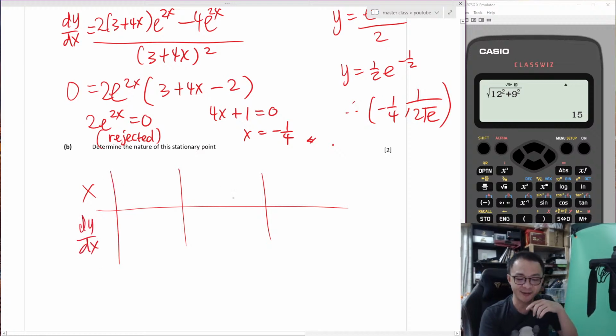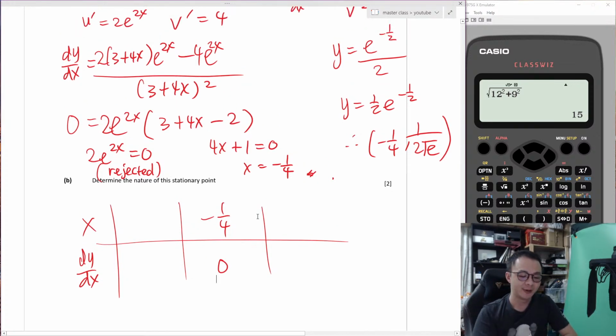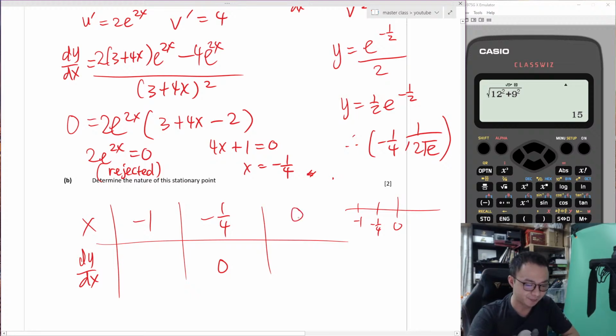So when x is negative 1 over 4, my dy/dx is 0. So I want to test on any value either side of negative 1 over 4, because this is a number line, right? 0, then negative 1 over 4, then this one will be negative 1. So I try these two values. And can I do 0? Yeah, we can do 0 here into the dy/dx.